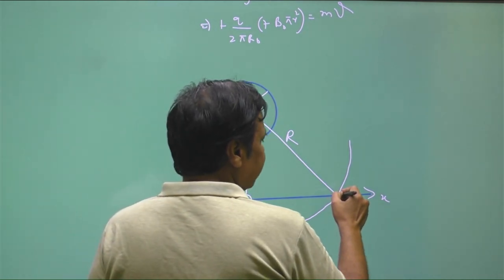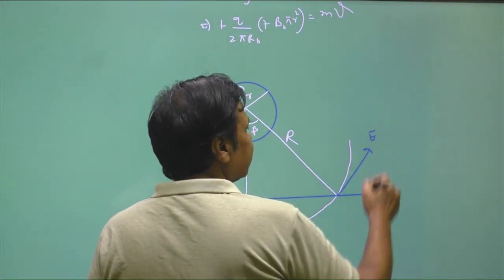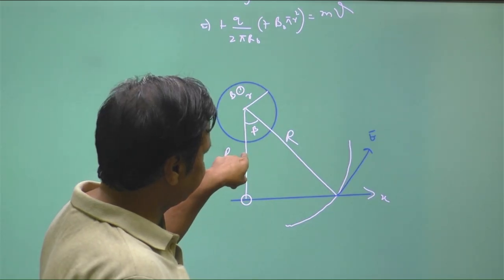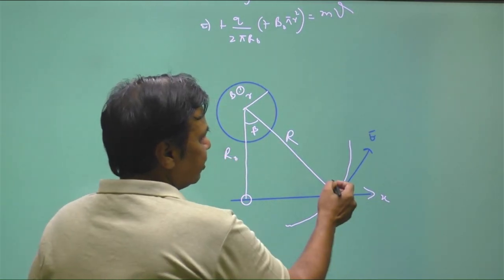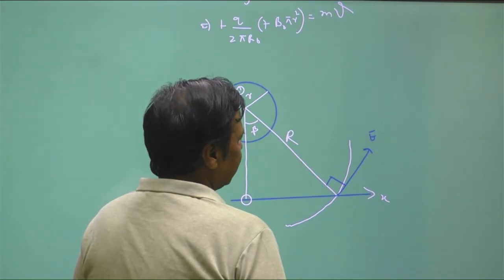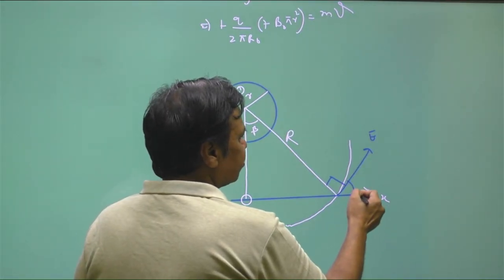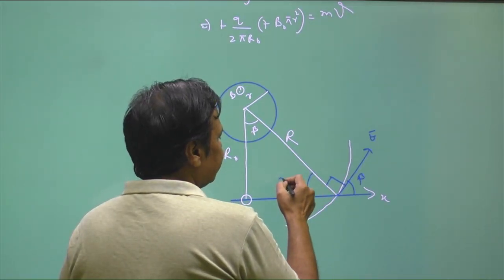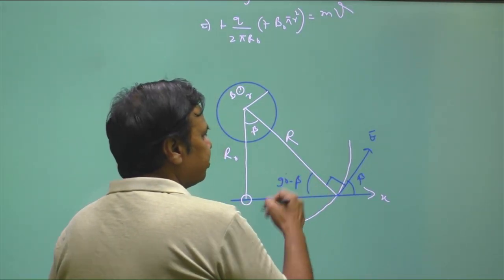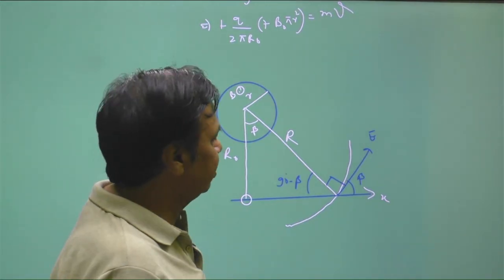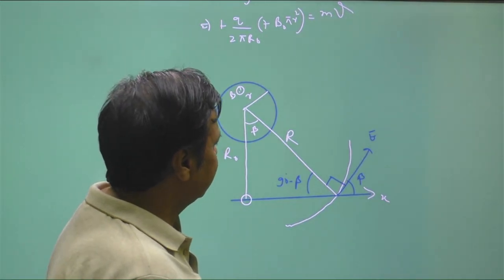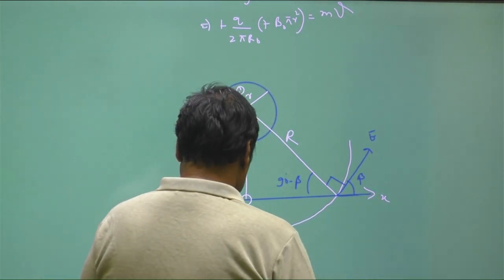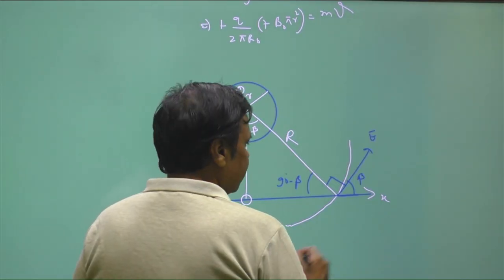So the electric field will be like this. This angle is beta, vertical line and this line, and these two are perpendicular, and this is a horizontal line. So this angle will also be equal to beta, and this angle will be 90 minus beta. And it will have a velocity v here.